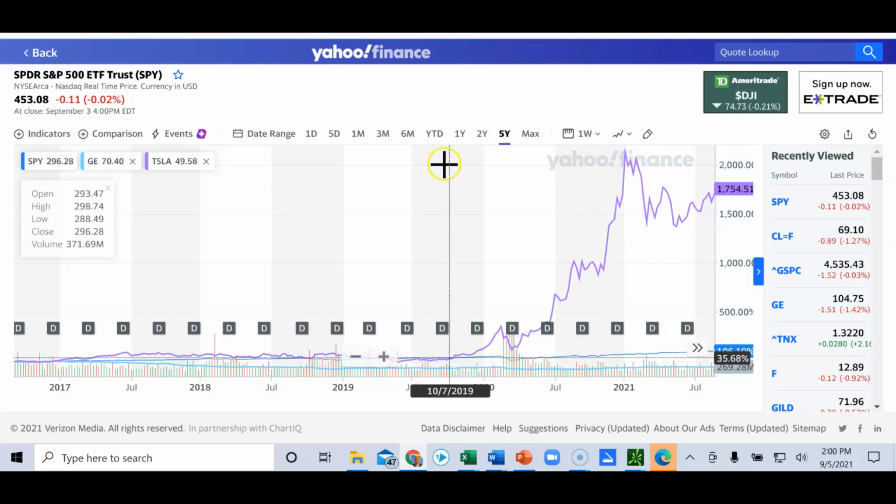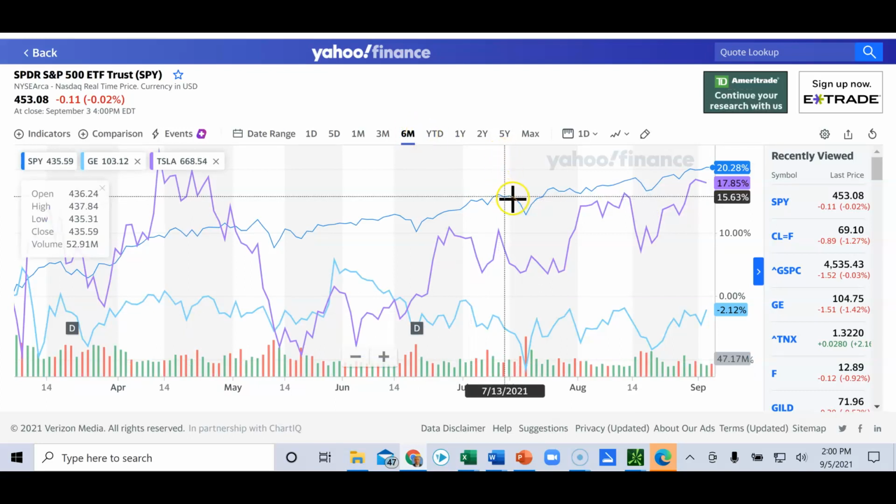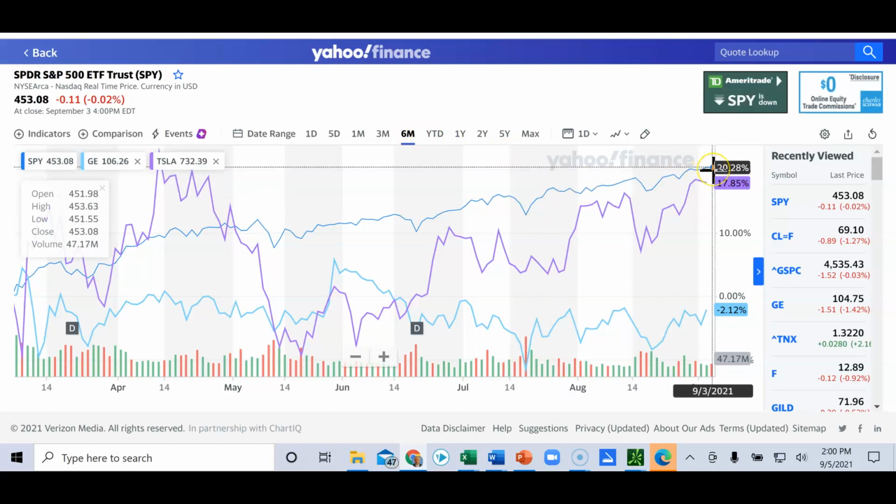So let's say I look at a shorter term, what is going on in 6 months. If I look at this 6 months, the blue line on the top is the S&P 500. So if you think about it, over the last 6 months, somebody who invested in the S&P 500 would have done about as well as, or slightly better than, Tesla, and obviously way better than GE.